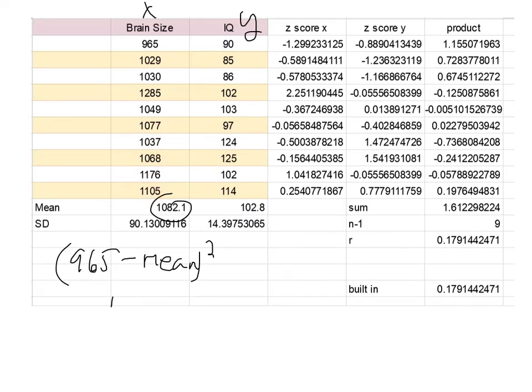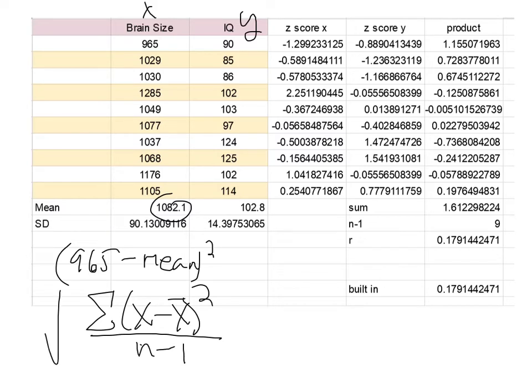That would be the sum of x minus x bar squared, and then you divide by n minus 1, so we divide by 9 in this case, then you take the square root. So that's how you calculate that by hand. You certainly don't want to have to do that.